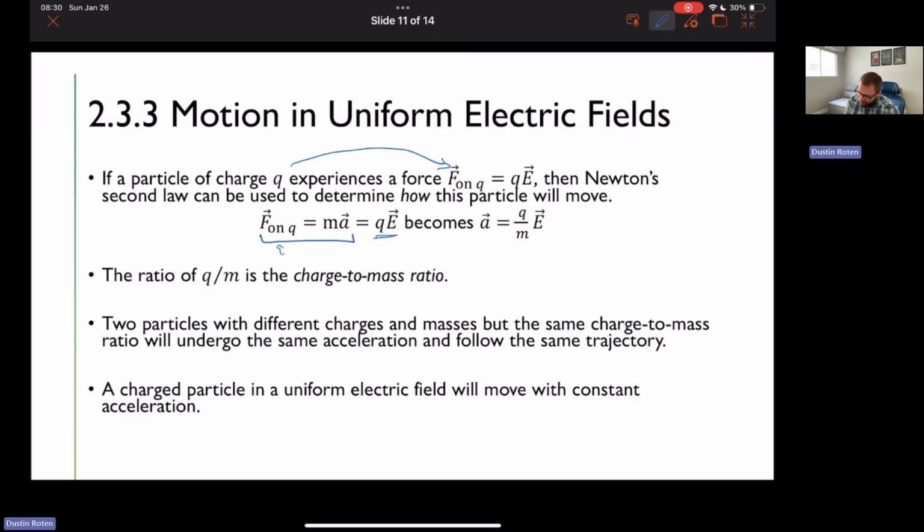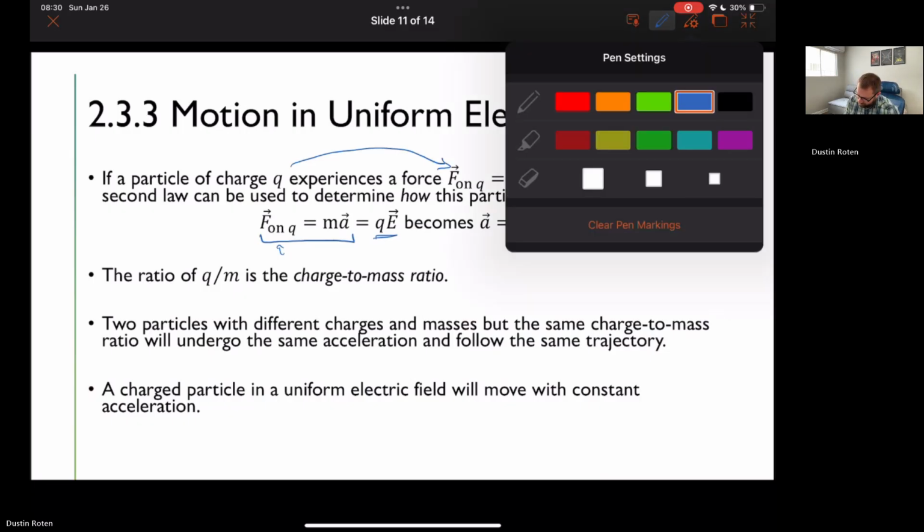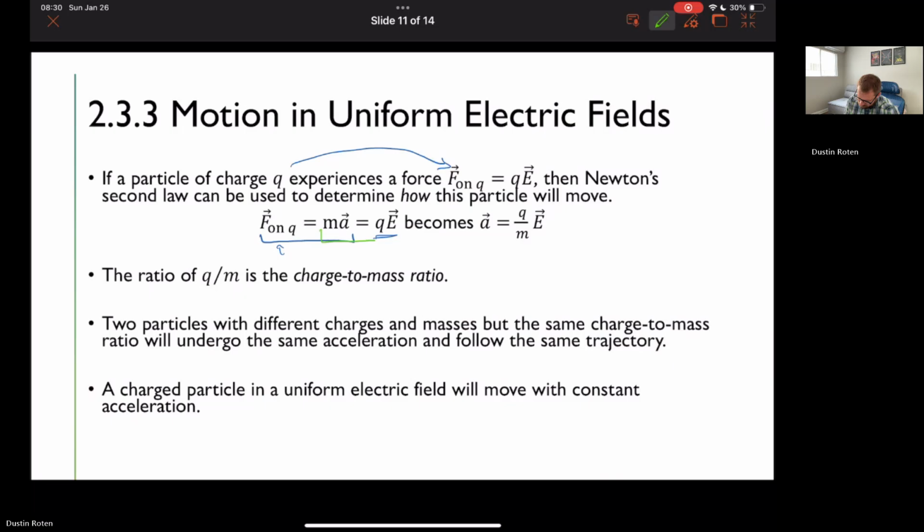So we get ma equals QE, right? So here's Newton's second law. Here's the E field that's acting, and we can actually solve for the acceleration. Just divide both sides by m essentially.